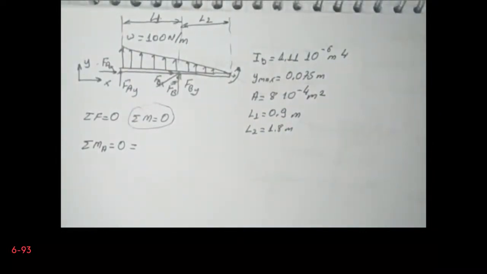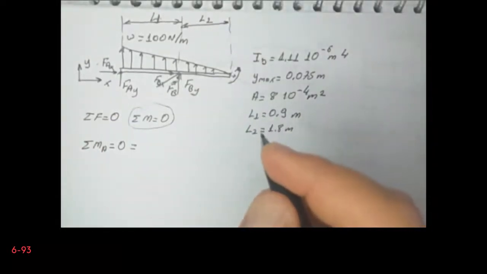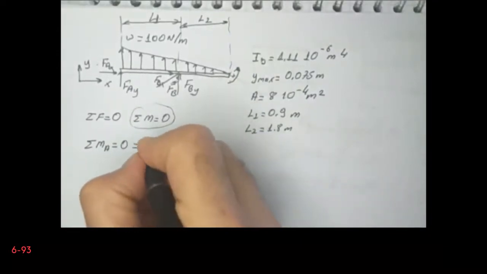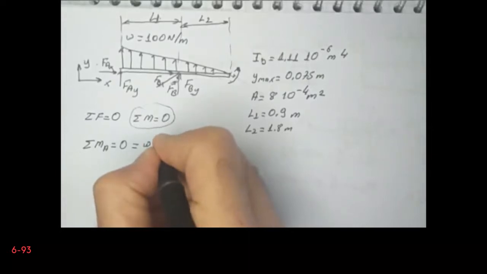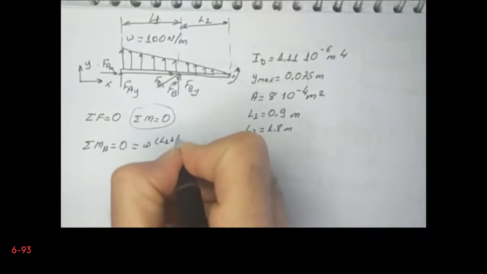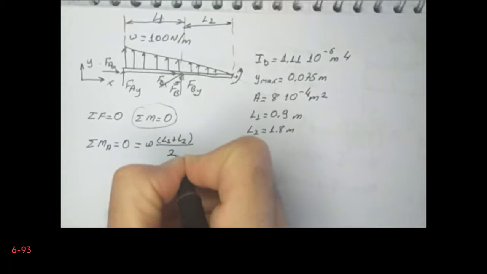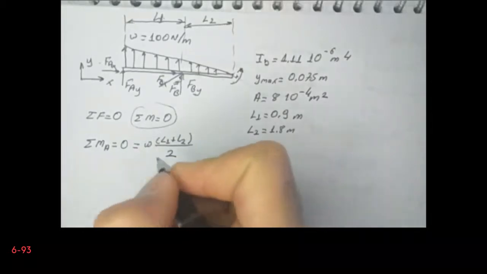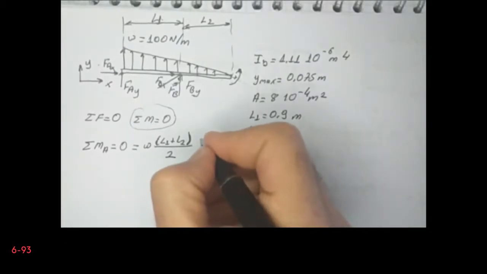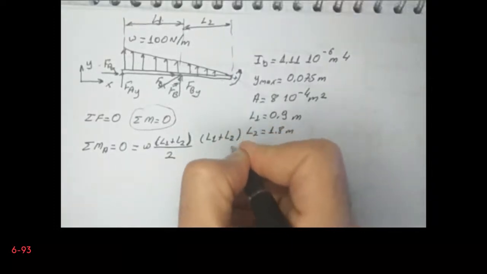Okay, now if I write the sum of the moments, that is W multiplied by L1 plus L2 divided by 2. This is the magnitude of the resultant force, then multiplied by L1 plus L2 divided by 3.